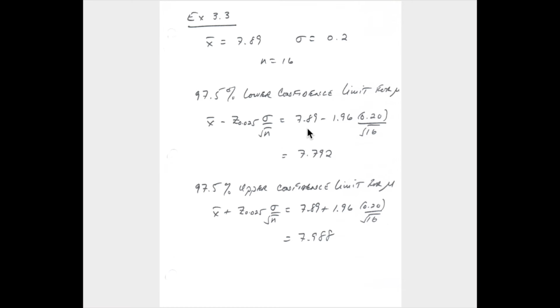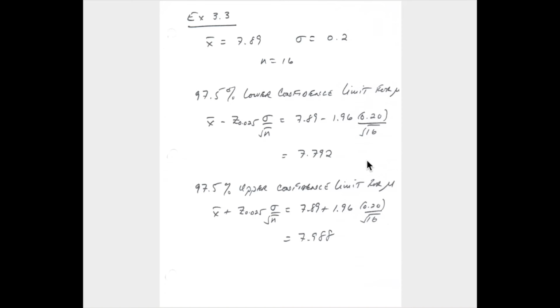So the sample mean is 7.89. The interval coefficient, the z value, is 1.96. We're assuming that the standard deviation of the population is 0.2 and the sample size was 16. And so when we evaluate that, we get a 97.5% lower confidence limit for mu of 7.792 ounces.